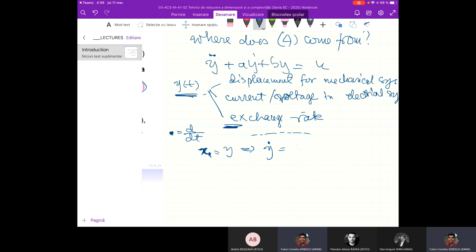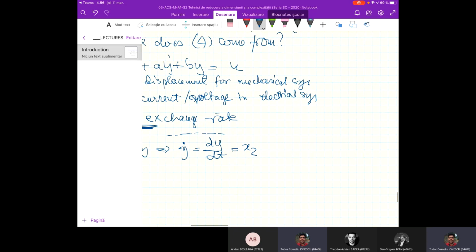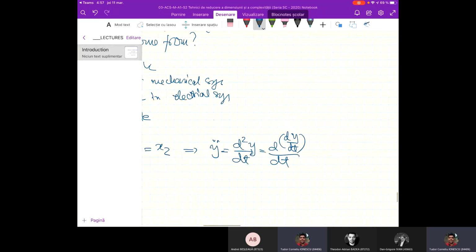So y dot being dy/dt is x2, which means that y double dot, which is d2y/dt2, is d/dt of dy/dt. I'm just showing how the differentiation works here.